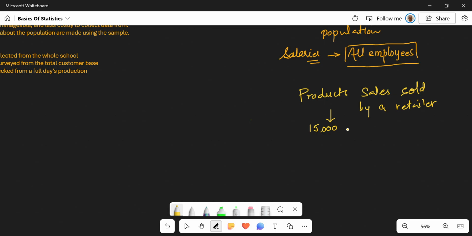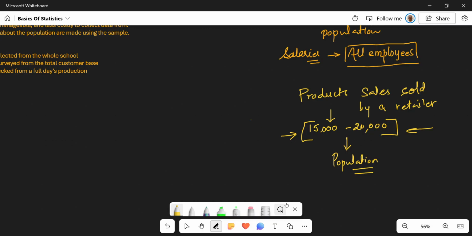If I take all the products into account, all 15 to 20,000 products or SKUs that they keep, that is the population. Each and every product of the retailer is considered here. So that's why it is called population, right?